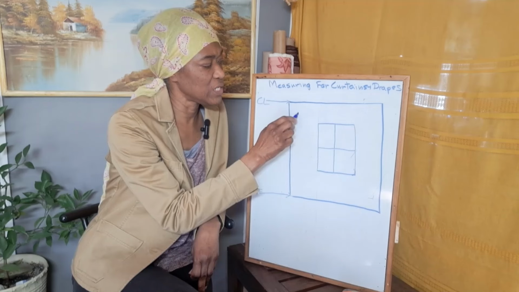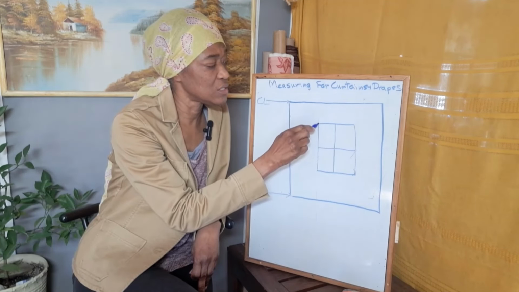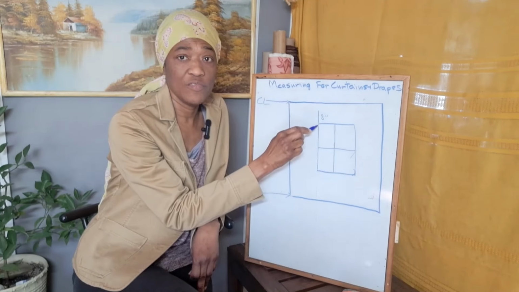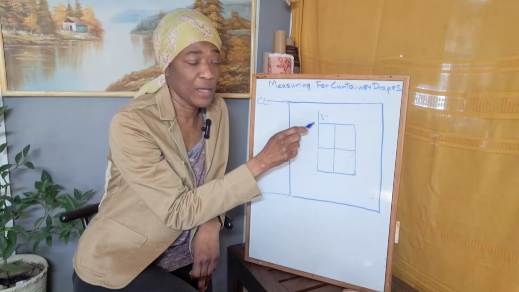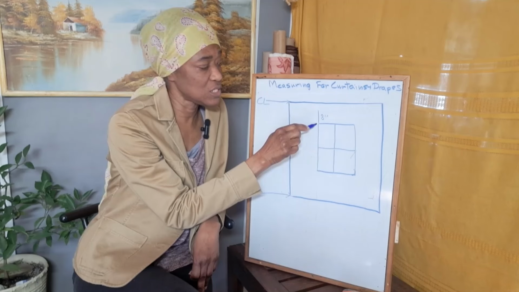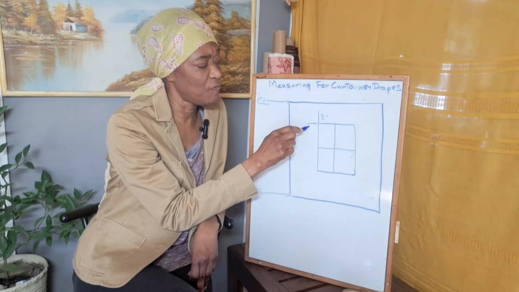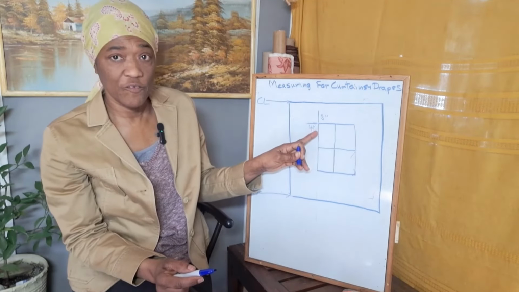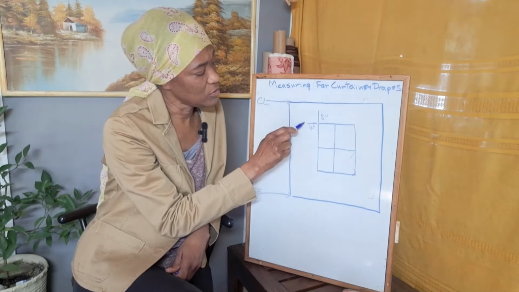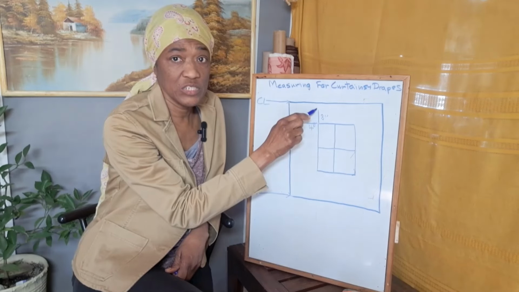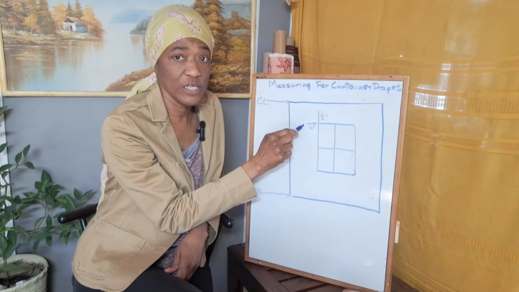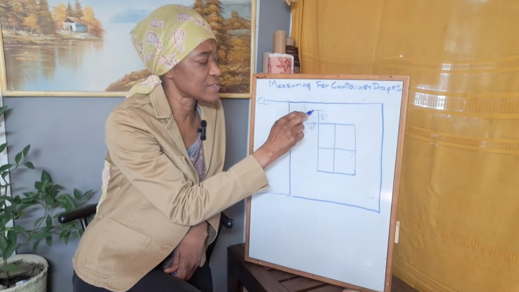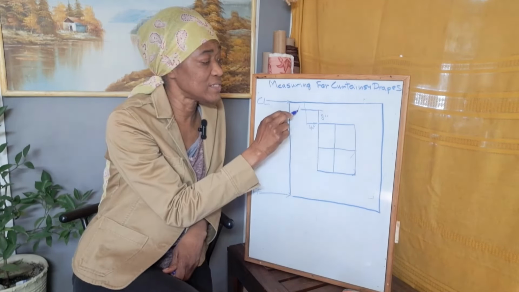Take for example, we need the curtains to sit just about 8 inches from the window frame, and we need them to sit off to the side about 4 inches from the frame. Then what we'll do is measure up 8 inches here, measure across 4 inches here. Wherever the line intersects, that is your point A.